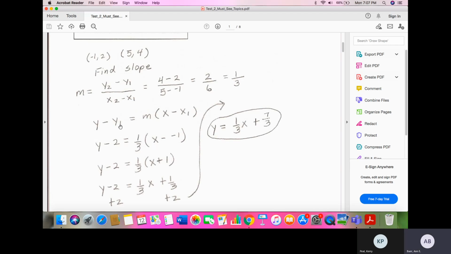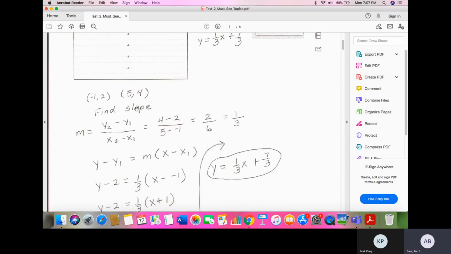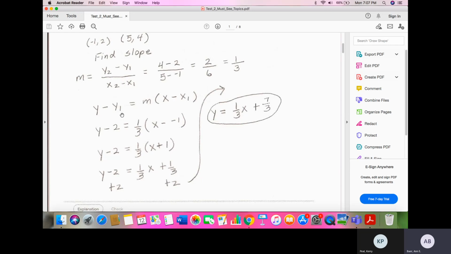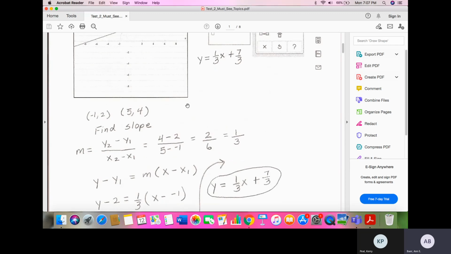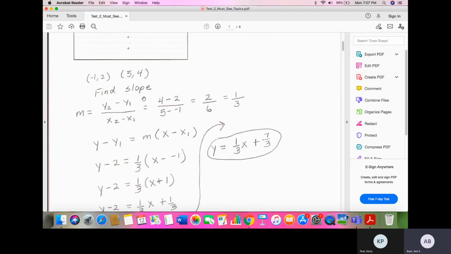So here's our point slope form, y minus y1. y1 for us is 2. So we put the 2 in for y1, equals the slope, which we just found, 1/3 times x minus x1, which is right here. It's -1.